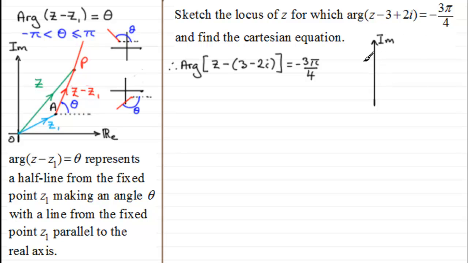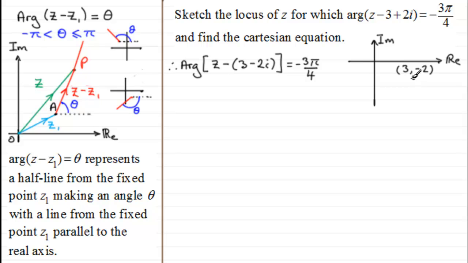And we've got a real axis, so just put that across there. Real axis, and if we go to the point 3, -2, 3 across, 2 down, let's say it's this point here, mark that in as 3, -2.